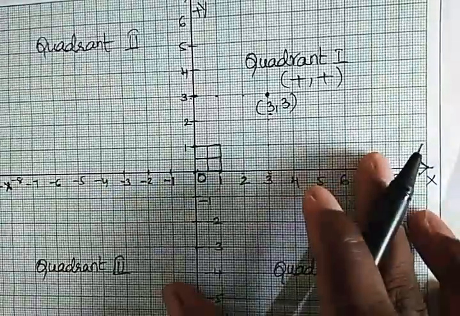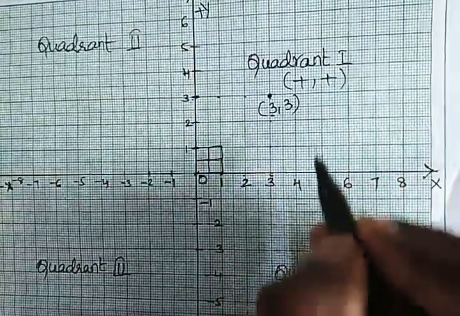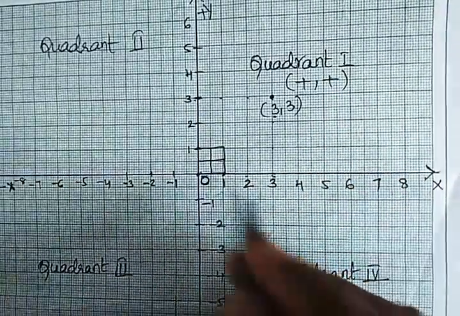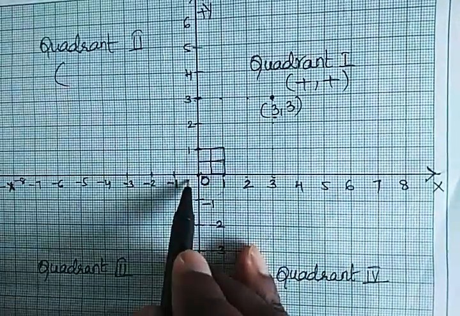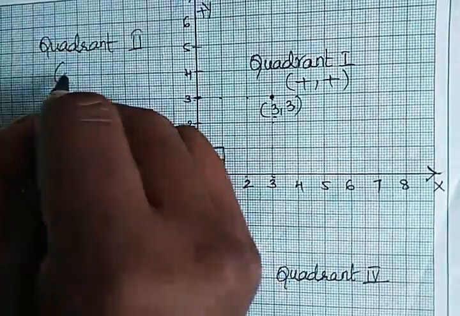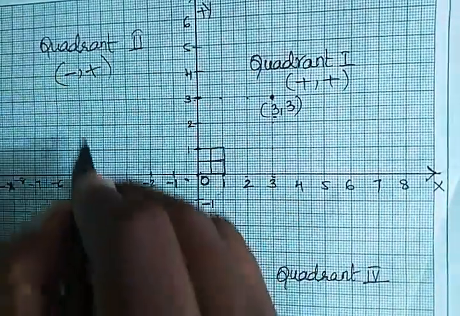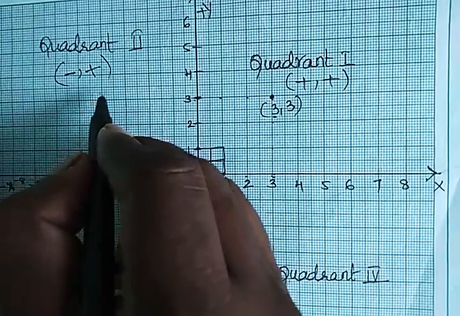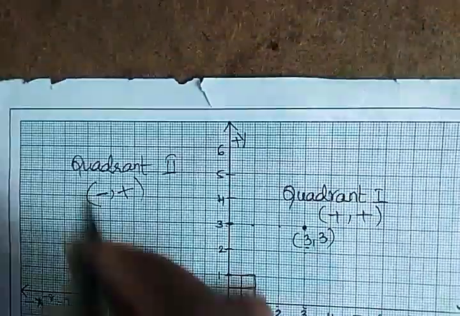So for representing any point, to locate any point in any quadrant, we need x and y values. In quadrant 2, the first value to be taken is the x value. This is negative, and y values are positive. So whatever point is located here, what are its coordinates? Coordinates means x and y values.